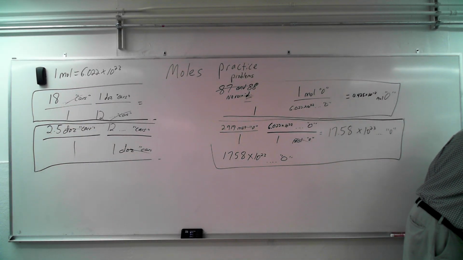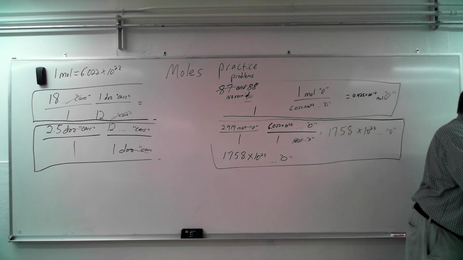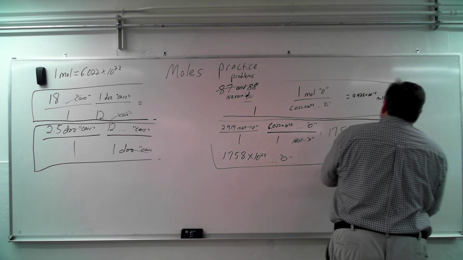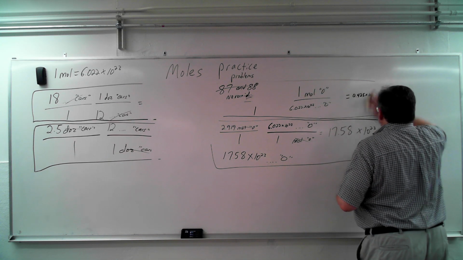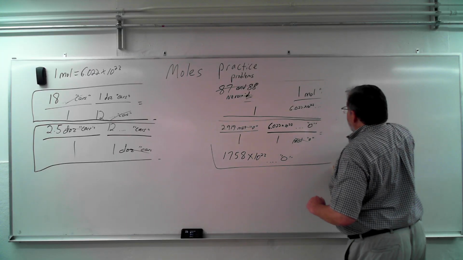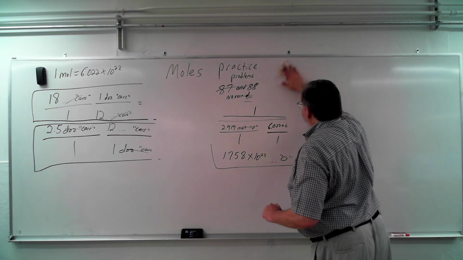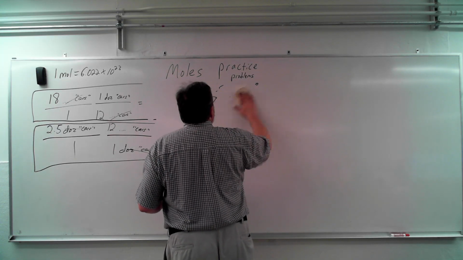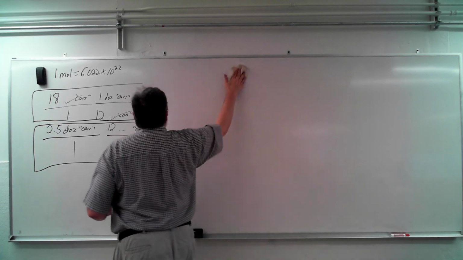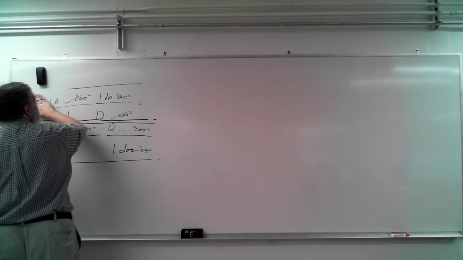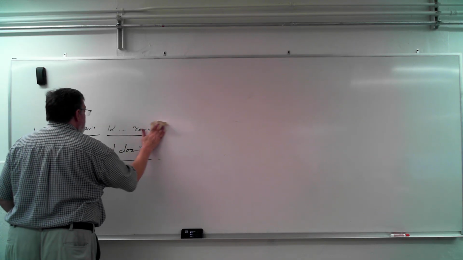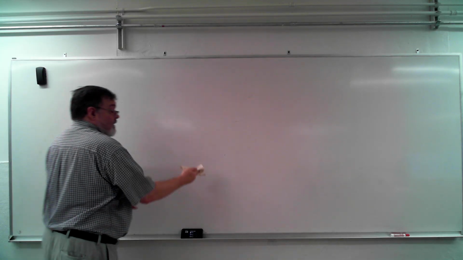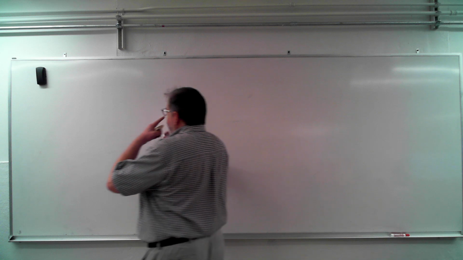Let me do one more thing and then we'll do lab. Back to where I tried to start. Covalent compounds and ionic compounds. First of all, look at oxygen again on the periodic table.